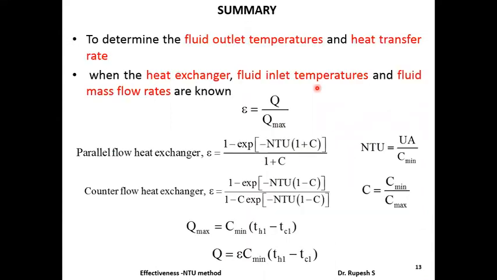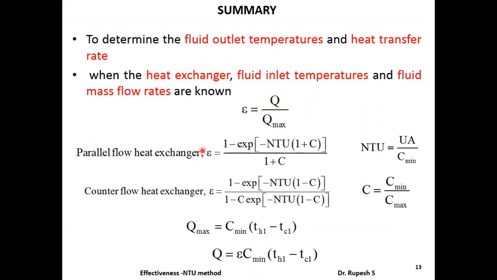Now let's have an overview of the effectiveness-NTU method. Our objective is to find out the fluid outlet temperatures and heat transfer rate. Available data are the type of the heat exchanger, fluid inlet temperatures, and fluid mass flow rates. Effectiveness of a heat exchanger is defined as the ratio of Q by Qmax, that is actual heat transfer rate to maximum possible heat transfer rate. If you know the effectiveness of the heat exchanger and the maximum possible heat transfer rate, the actual heat transfer rate can be obtained.